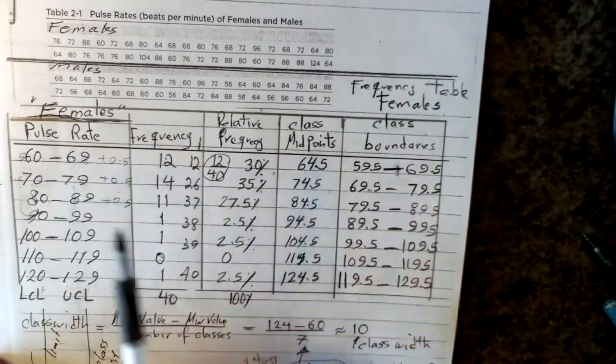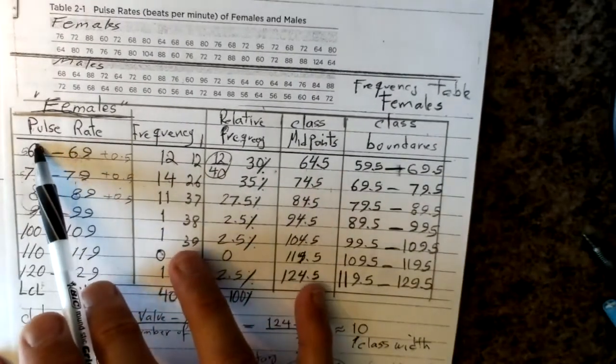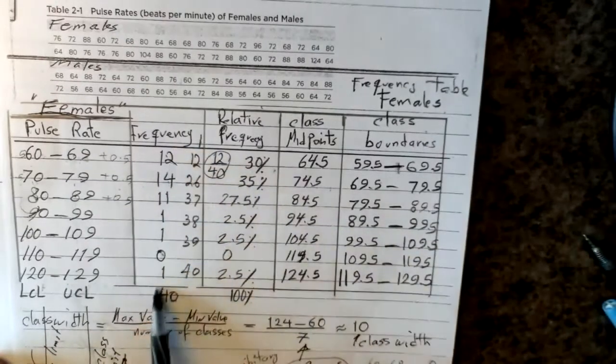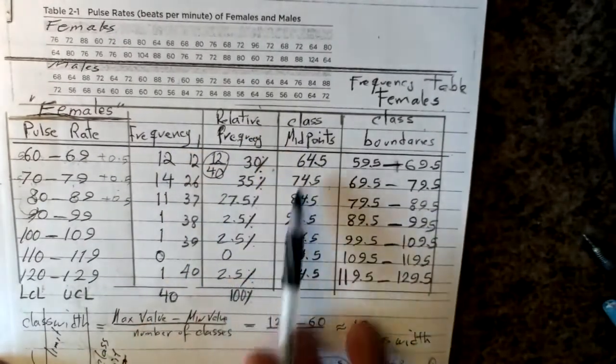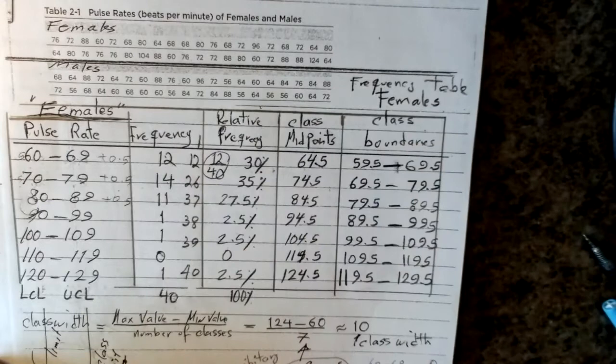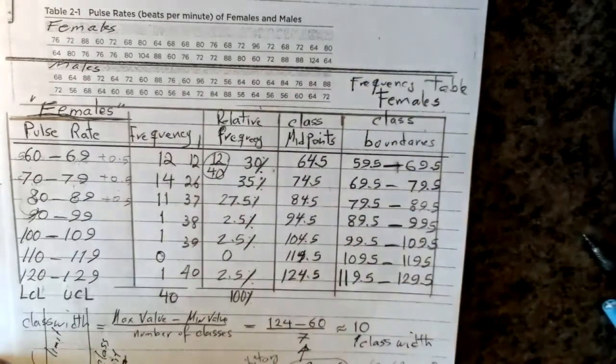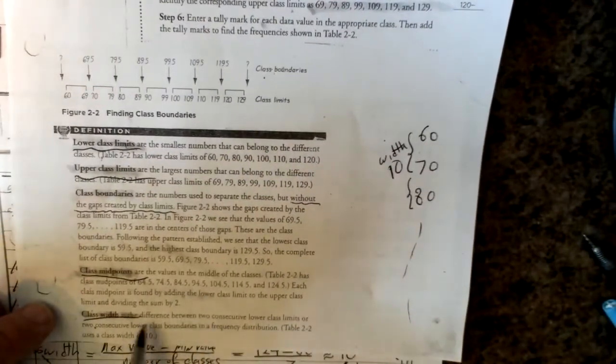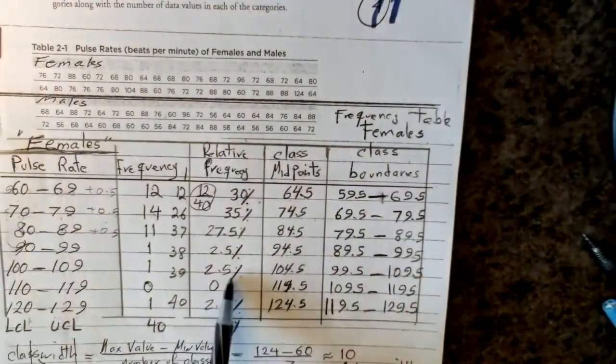In the frequency table, these are lower class limit, upper class limit, frequency, relative frequency, class midpoint, class boundaries. And the whole thing is the frequency table. So when you read these definitions now, what is lower class limit? What is upper class limit? What is the class midpoint? What's the class width? You understand all by looking at these examples here.